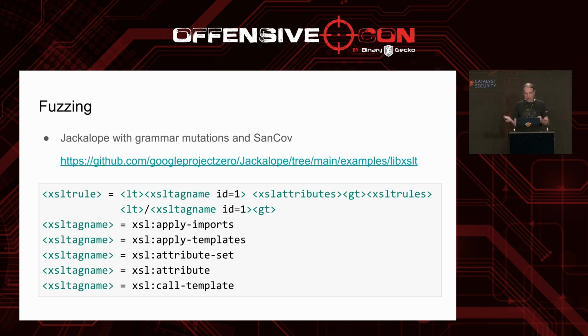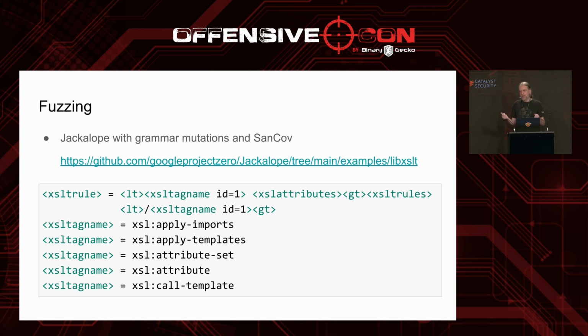But what I do want to say is that I consider this a very effective approach of creating custom fuzzers for various targets where you don't really need to implement the entire fuzzer. You can just write a grammar.